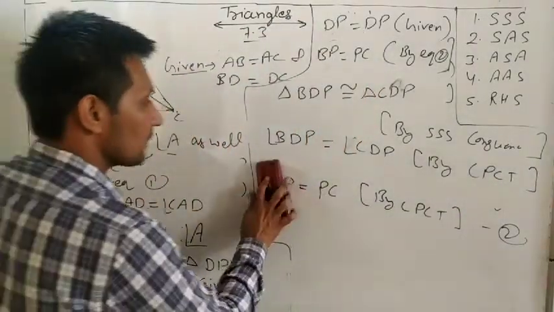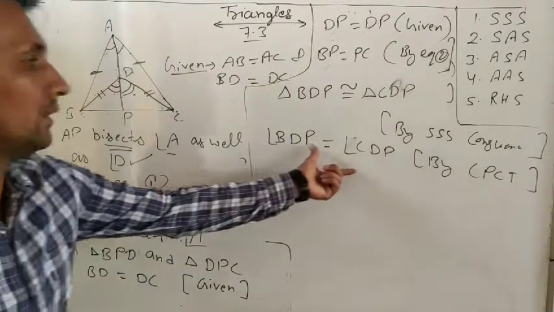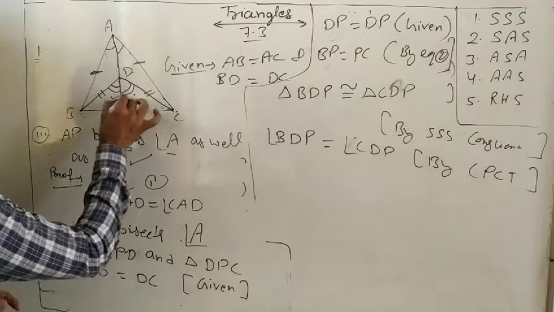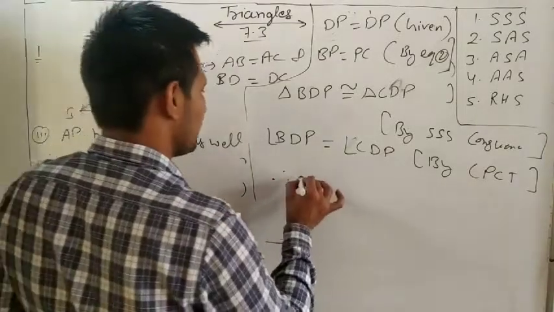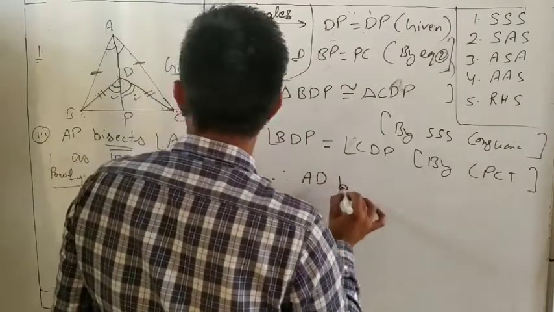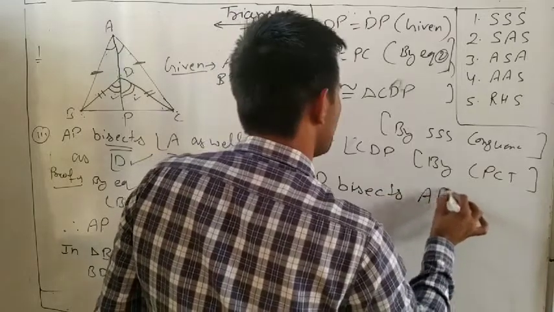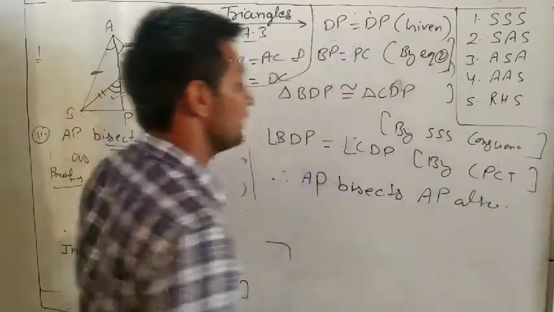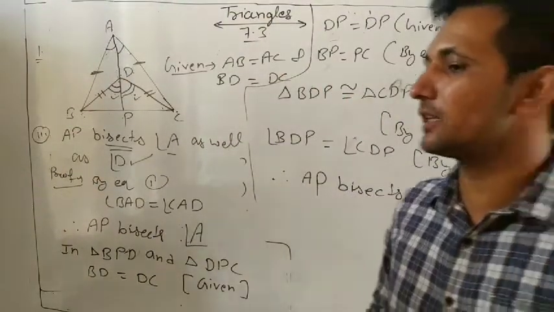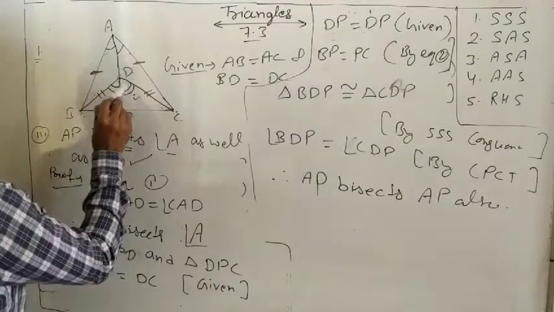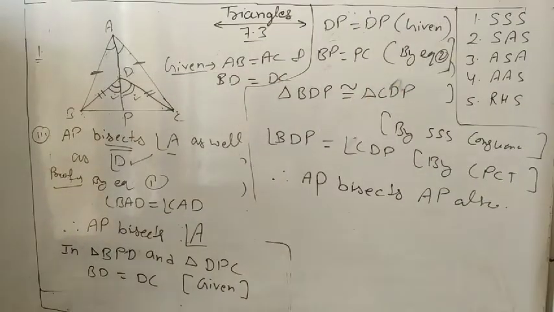Understand? And if this angle equals this one, it means AP bisects D also. Therefore AP bisects angle D also. So we proved that. Anytime you want to prove that a line bisects an angle, we have to show that this angle equals this one. Now one more part is left.